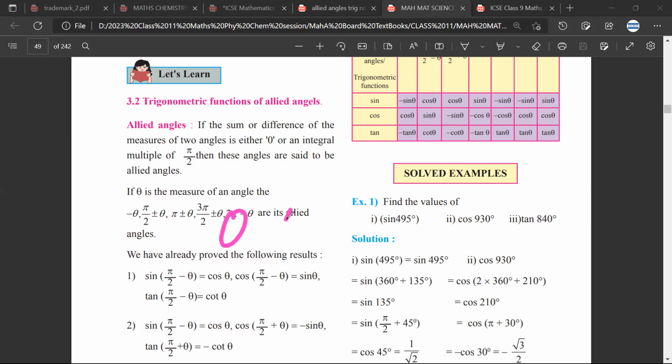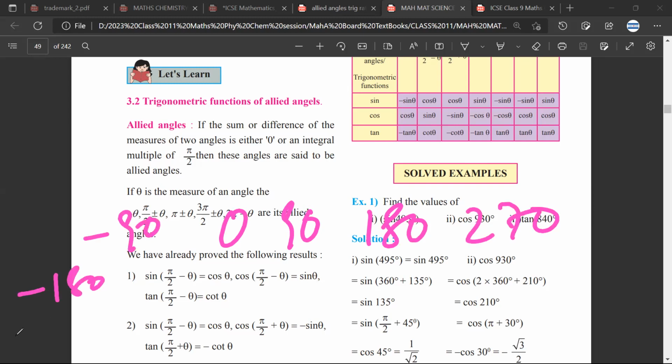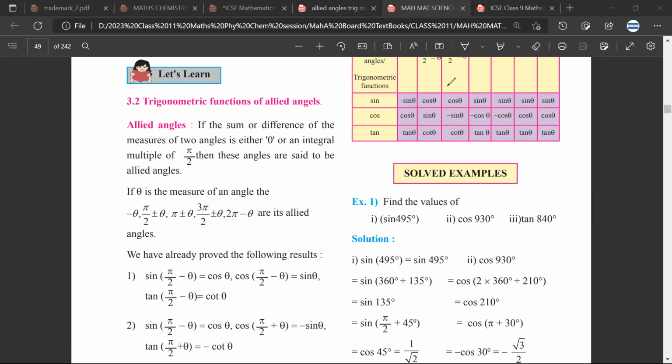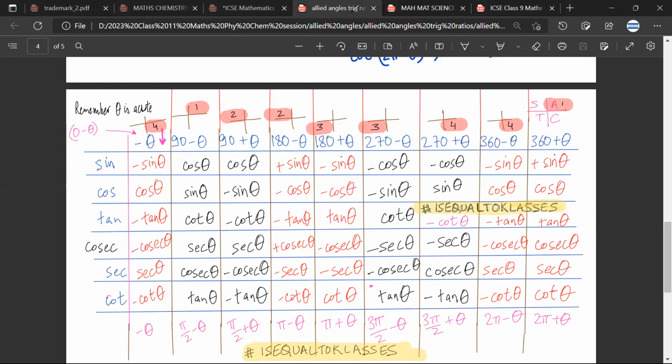It is 0, 90, 180, 270, 360, minus 90, minus 180, minus 270. Okay, so that is it. But our focus right now is to understand the meaning of this table. This is our main focus in this lecture.